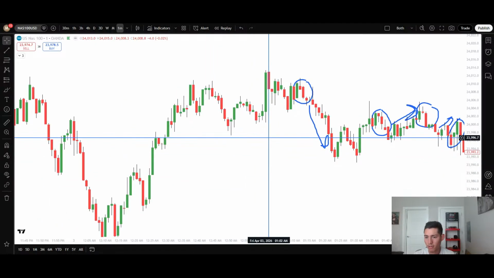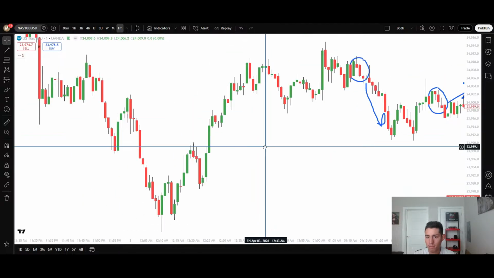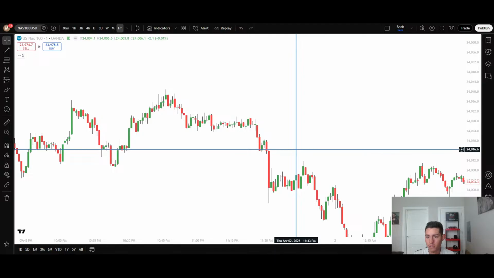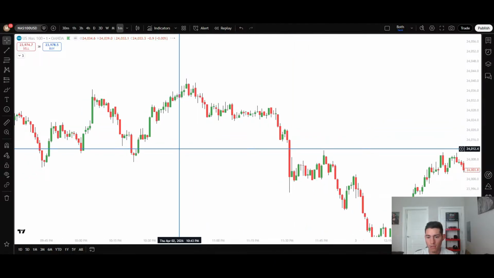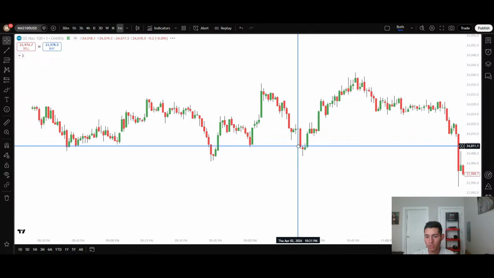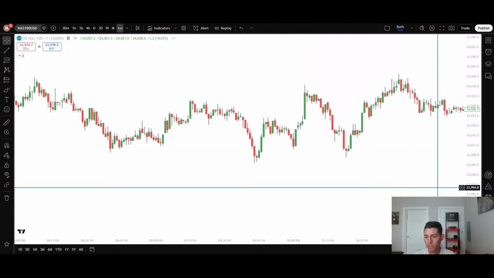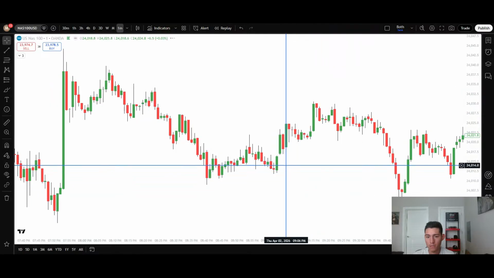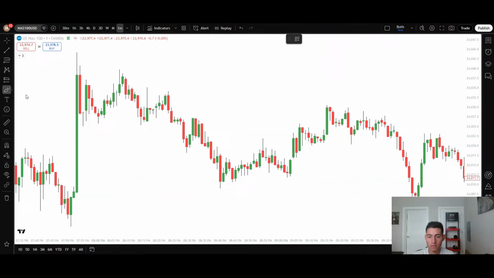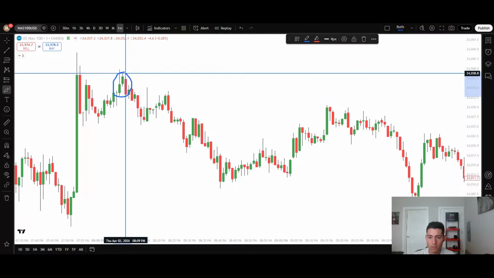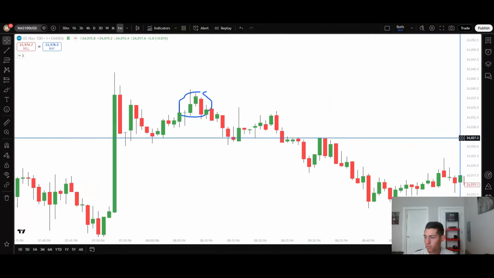Let me go ahead and find the other pattern that I mentioned to y'all. I'm looking for 3 bearish candles to engulf a bullish one. Here we go. Market gods heard me. I'm going to zoom in a little on this just to show y'all.